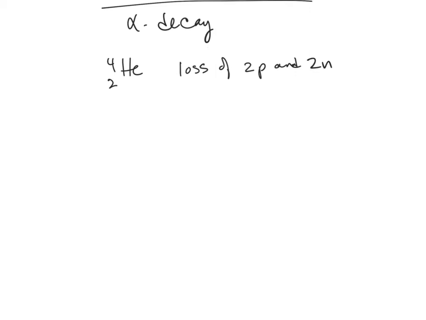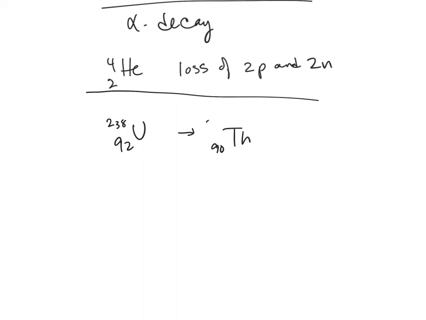But if, for example, you looked at uranium 92-238 forming, let's see, thorium 90-234 plus helium 2-4.